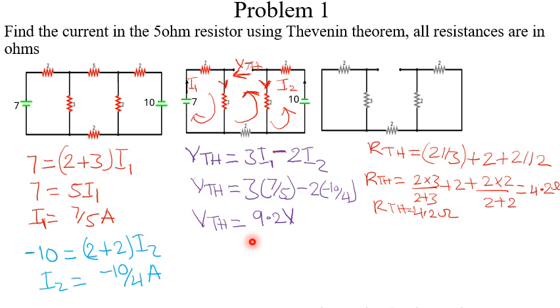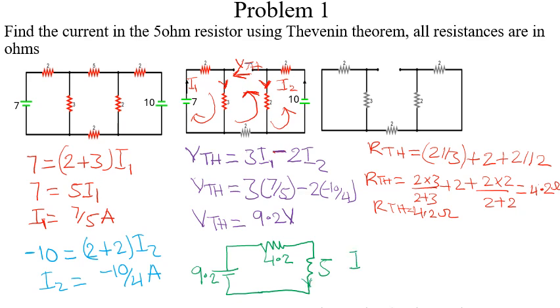Since RTH is now equals to 4.2 ohms, we now draw our Thevenin equivalent circuit. Our Thevenin equivalent circuit is our VTH, which is the voltage source, in series with our load resistor. The resistor we removed was 5, and our RTH is 4.2. VTH is 9.2. So we are now finding the current.